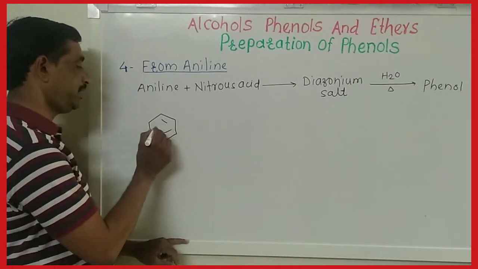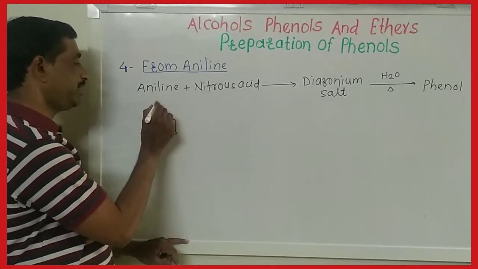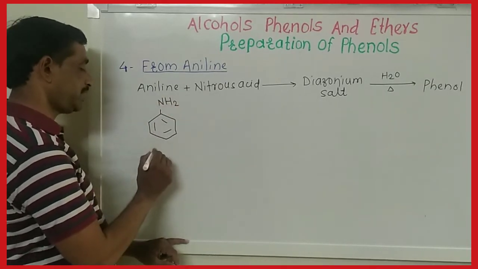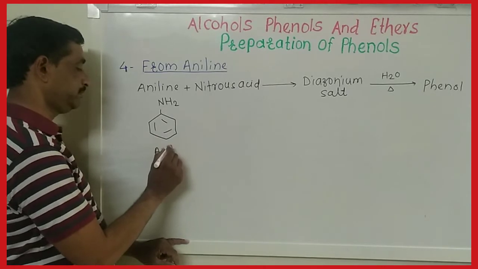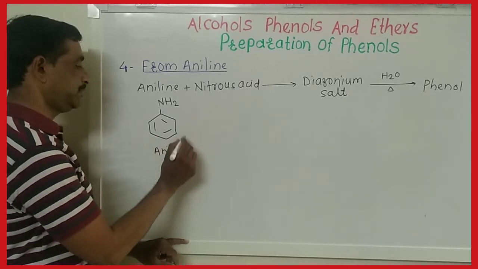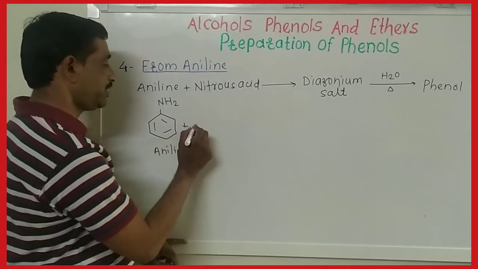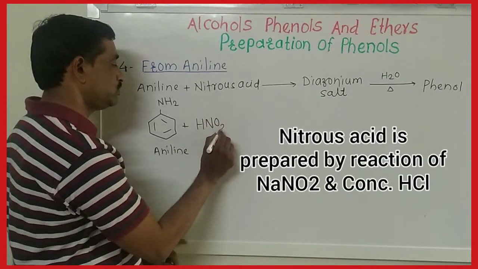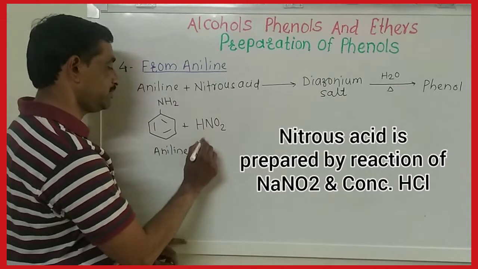What is aniline? Aniline is a primary aromatic amine. This is aniline. Aniline on reaction with nitrous acid, that is HNO2, which is known as nitrous acid.